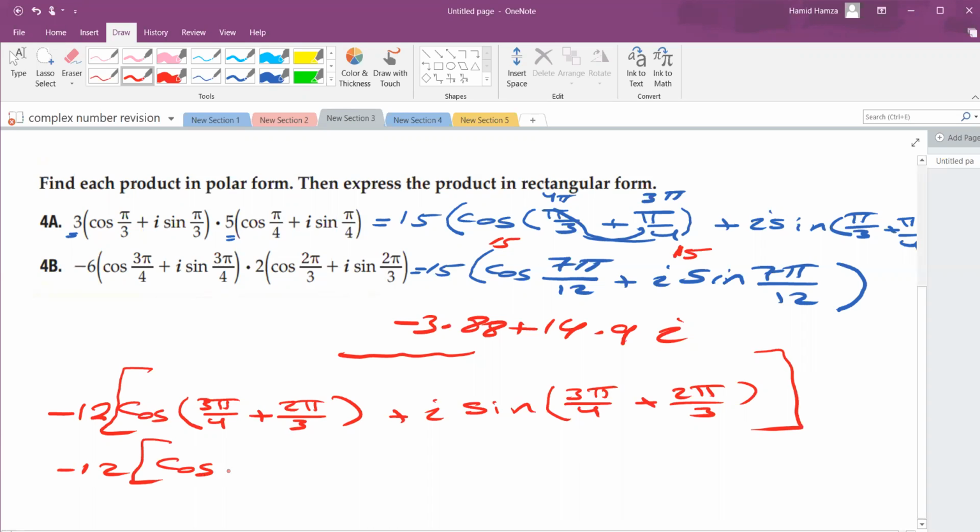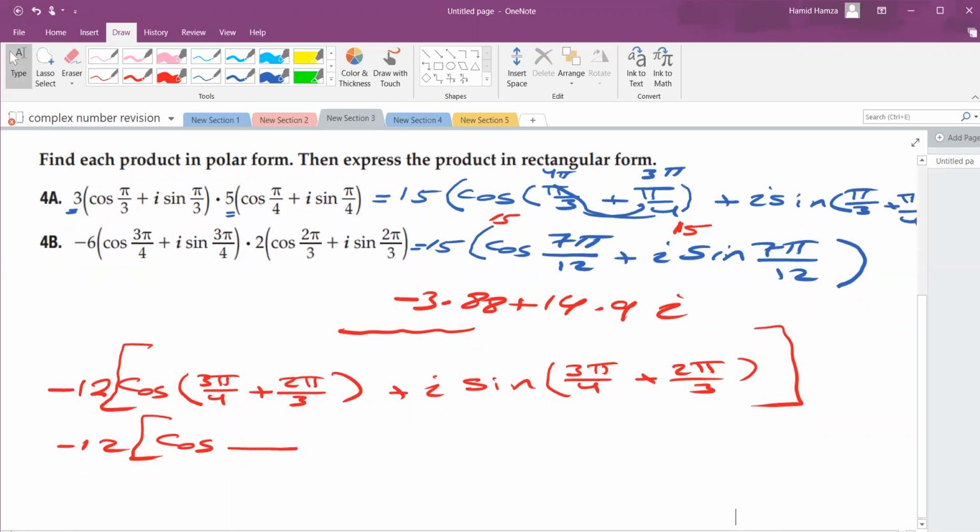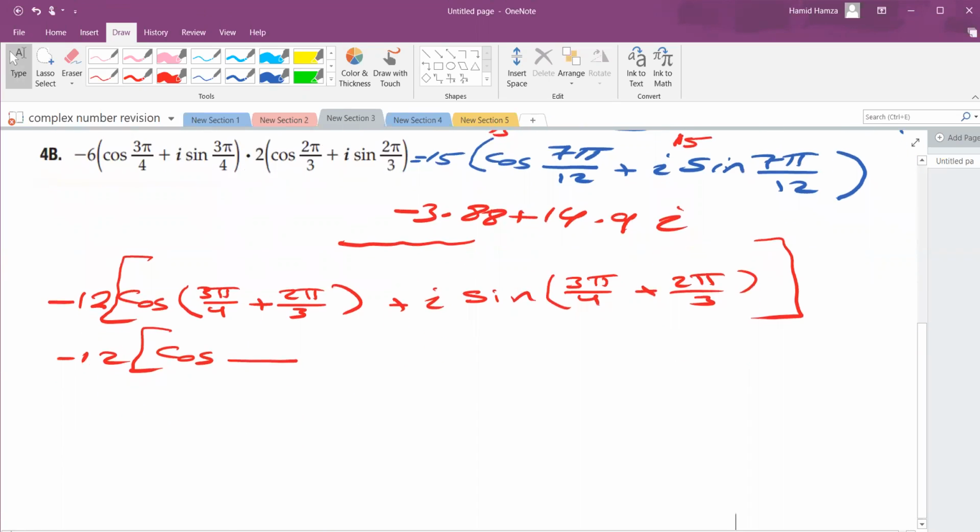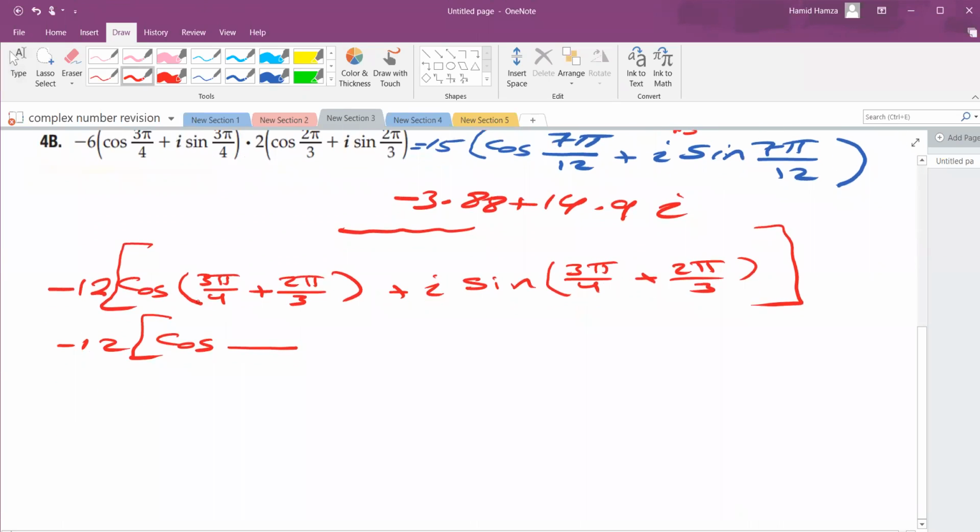The common denominator will be 12. Here we multiply by 3 and here by 4, so 9 plus 8 will be 17 pi.